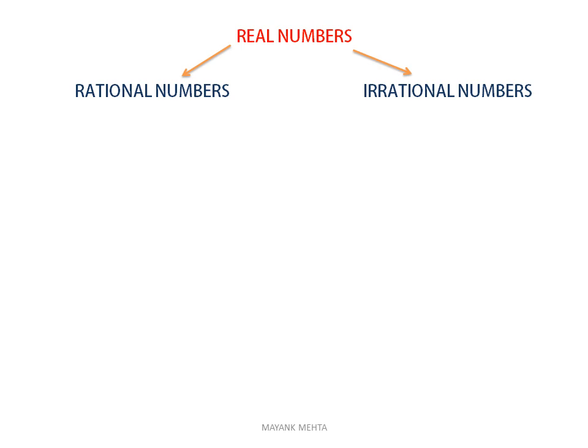Now rational numbers means that you can write the numbers in the p by q form. Those are rational numbers. And irrational numbers, you cannot write in the p by q form, fractional form. They are irrational numbers. Rational numbers are divided into two parts, whole numbers and decimals.